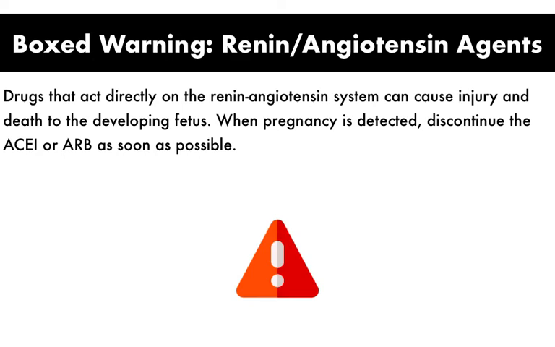And oftentimes, early on, patients may not realize that they are pregnant. So if a patient is even considering conceiving and is on an ACE or an ARB, we would want to start the process of switching them over to another medication that is not a category D, something that is either a B or C, something that has a proven safety record in pregnancy.